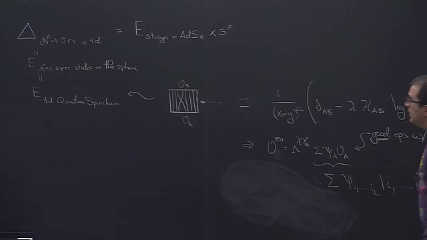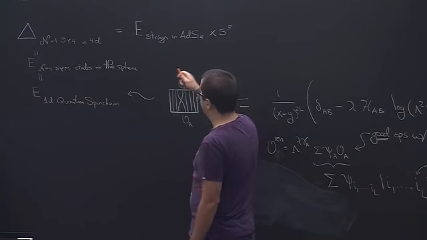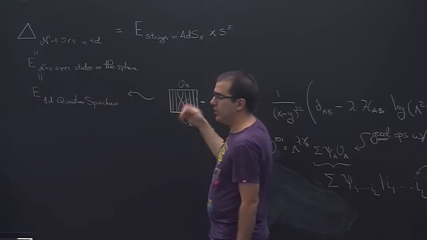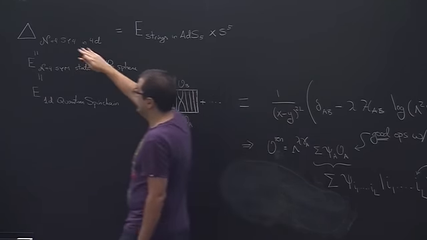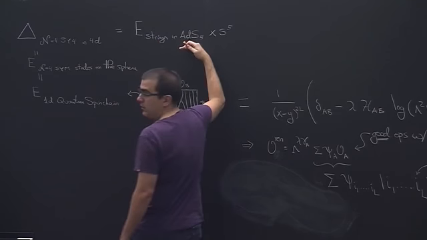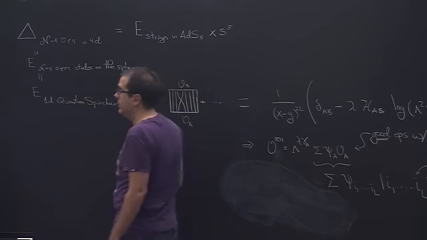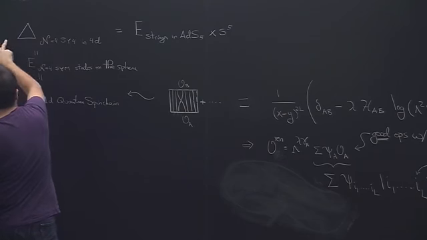Okay? So before I continue, let me be a bit more precise about something that often we gloss over because it's really just dimensional analysis: this delta is a number, right? And these energies have dimensions, right? So what we always mean is energies measured in units of ADS radius, so it's 1 over r here.